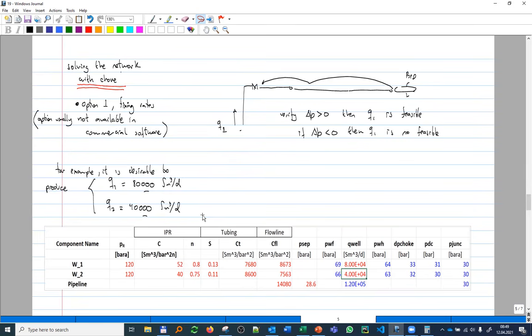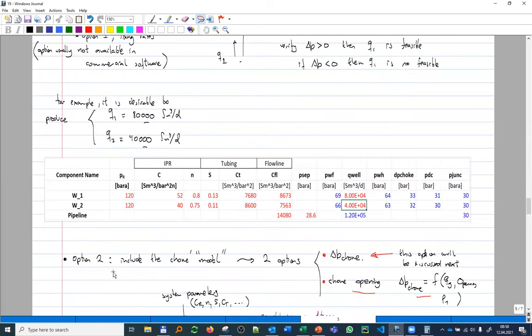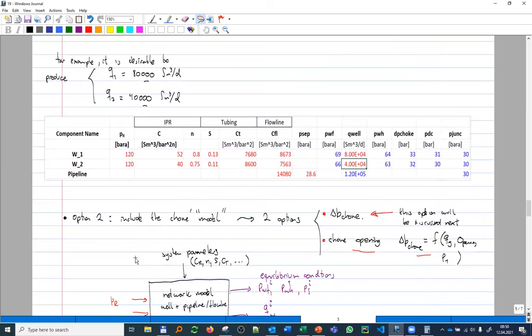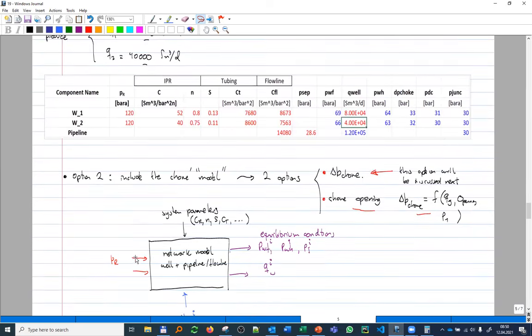Unfortunately, we didn't have the chance this semester to work with GAP or with Prosper. This is commercial software that I can use to do these computations, but usually this option is not available, simply to impose the rates and verify the delta P. So option 2, which is what the commercial software is using, gives me two choices.